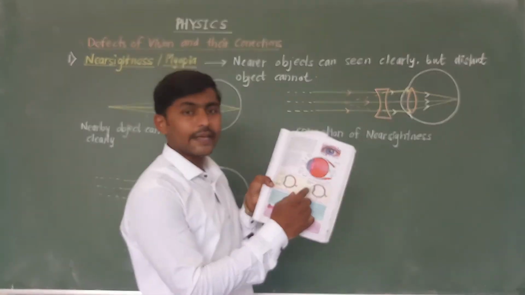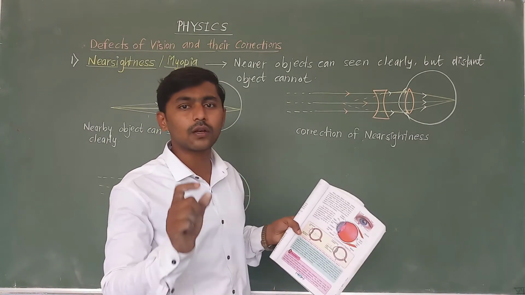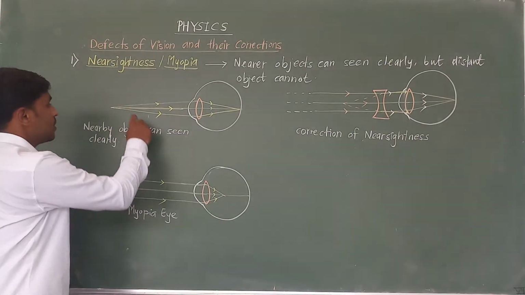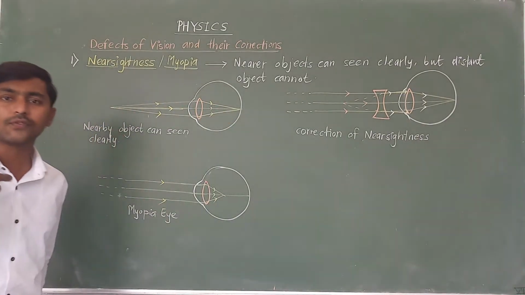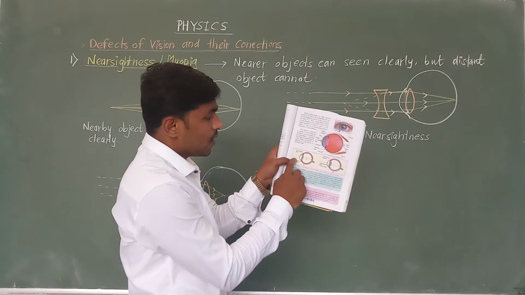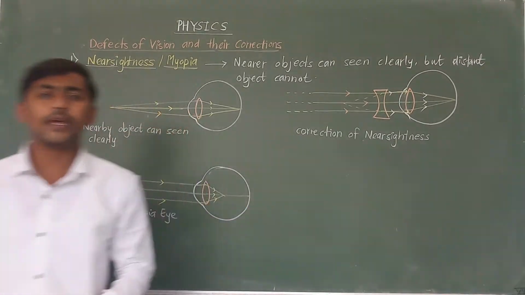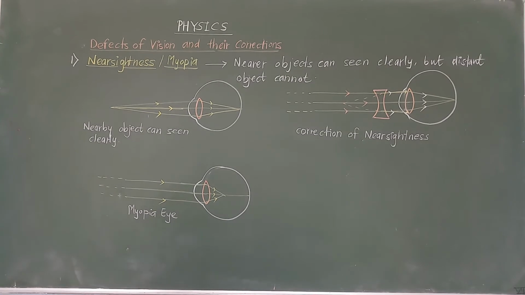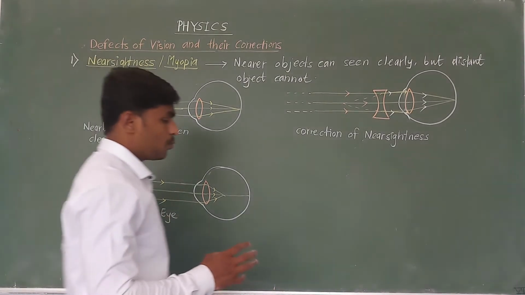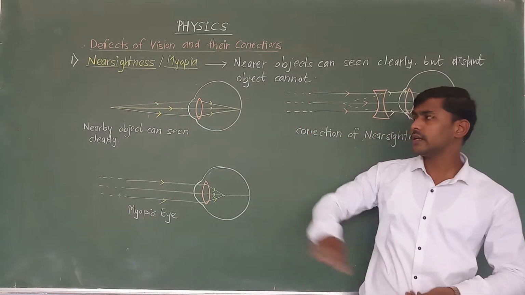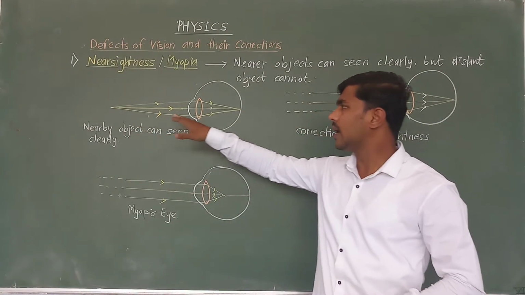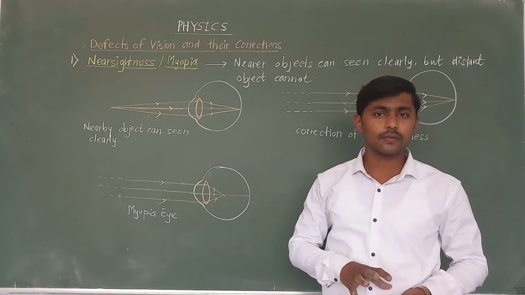These are the rays which are coming from the nearer object, as I have drawn here, while you can clearly see in diagram A, these are the rays coming from the far object. So the first diagram I have drawn here is of the nearby object seen clearly.